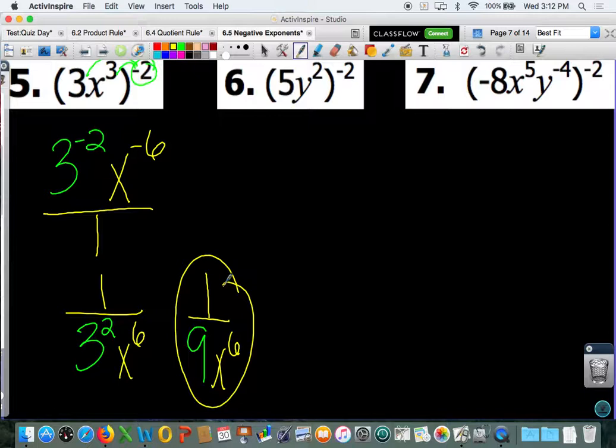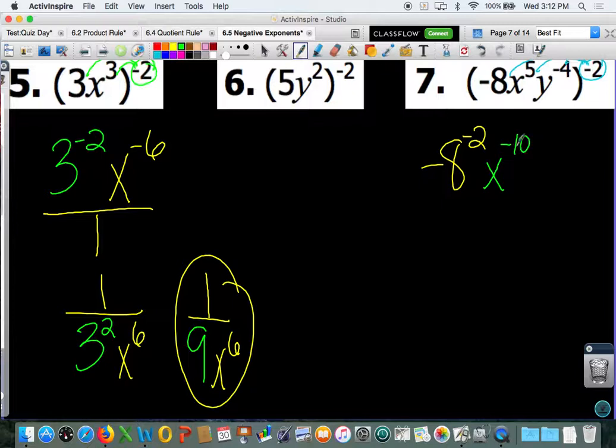Alrighty. We're going to come over here to 7 real quick. Again, I've got to make sure I multiply this negative 2 by every single thing inside. So I now have negative 8 to the negative 2 power, and x to the negative 10 power.